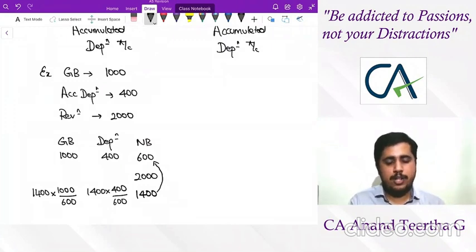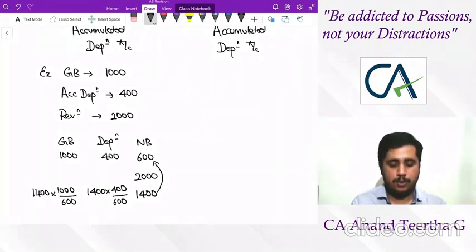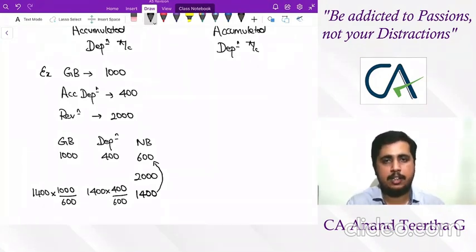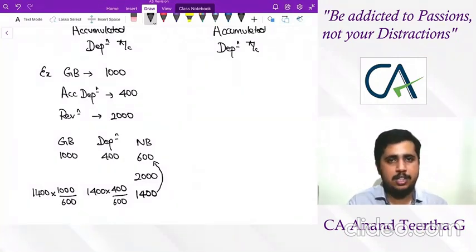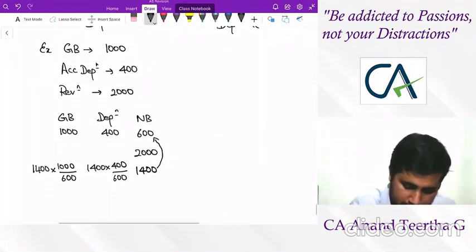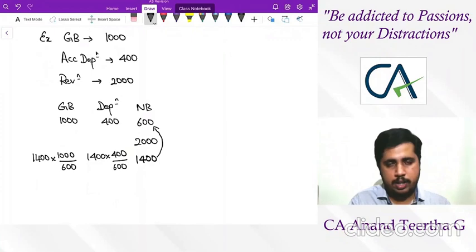So basically you divide them according to the original requirement. To that extent you restate the gross block as well as the depreciation. Now if I consider the value accordingly, this is how the value will come into the picture.